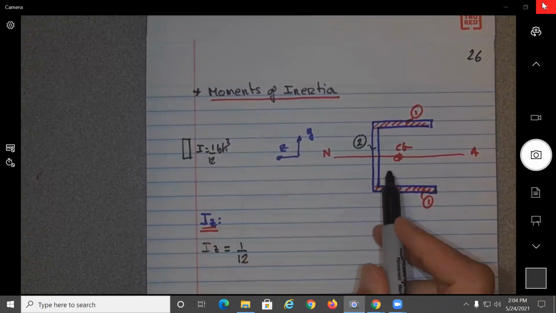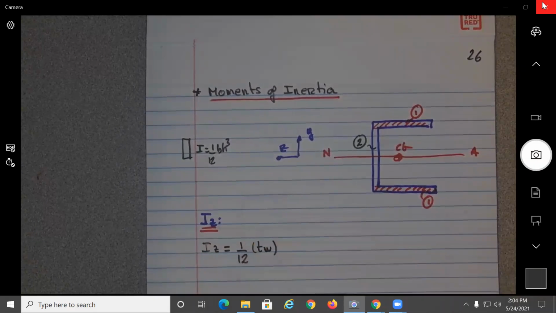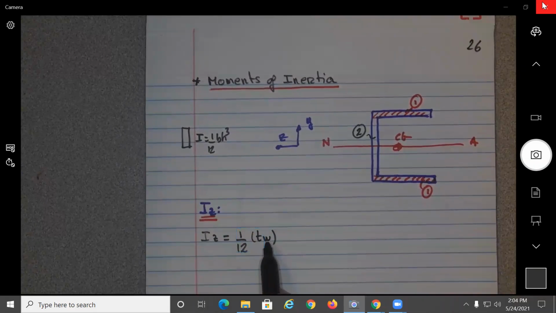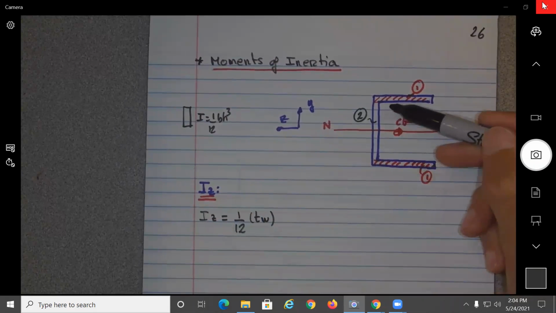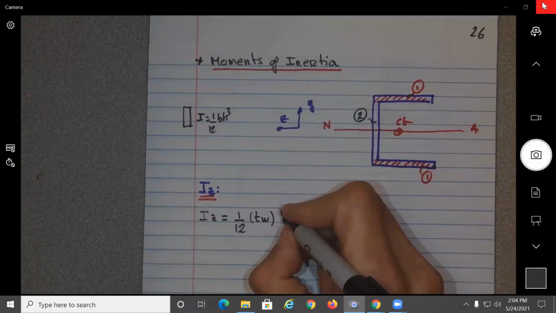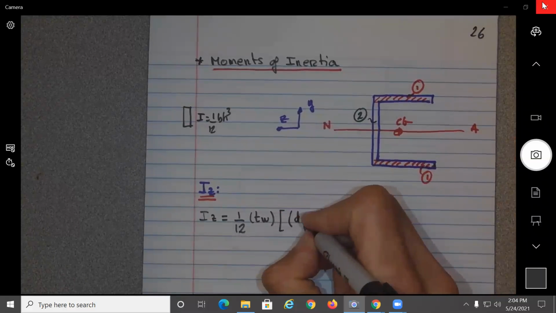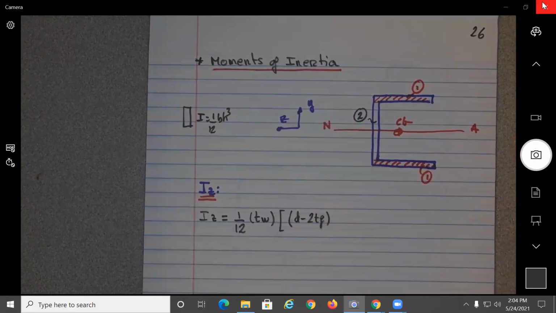What is the base? The thickness of the web, no? TW. And now the height cubed, we say, will be D minus 2 times thickness of the flanges.